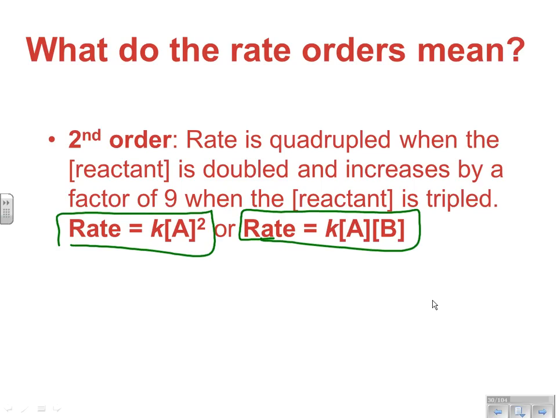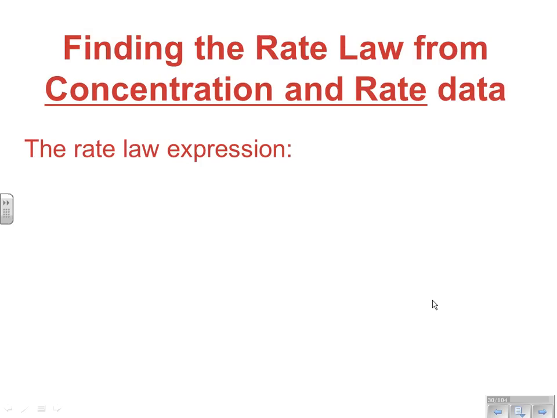But in terms of the doubling quadrupled, that would be looking at with respect to A. We'd be looking at when A was doubled, not the total concentration. That makes it a lot harder to look at the products of things. So a second order overall could look like either of these two things. First order with respect to A and with respect to B, second order overall total, or it's second order with respect to A.